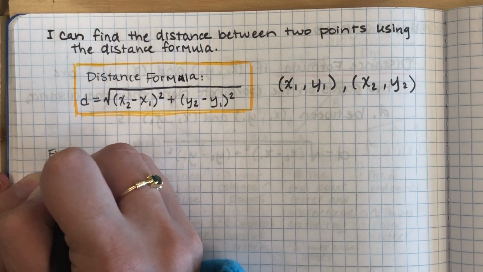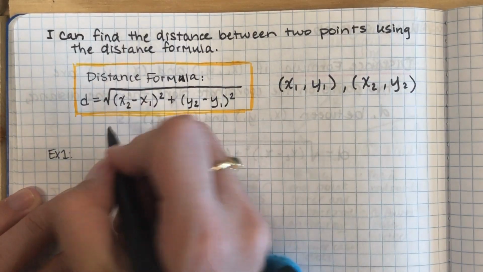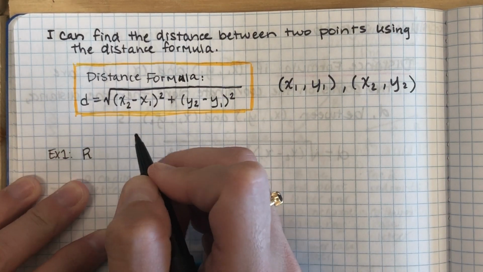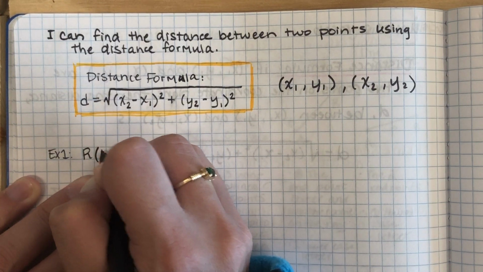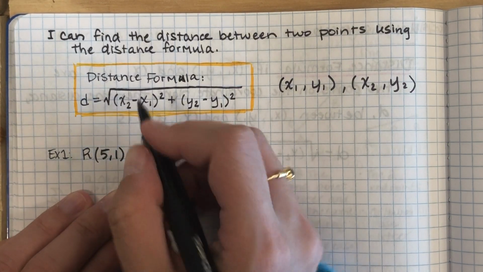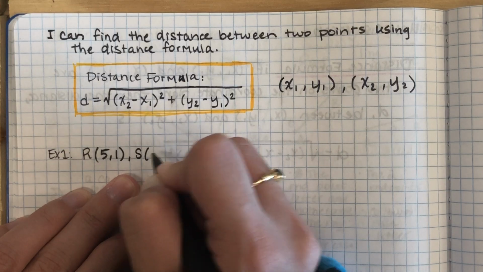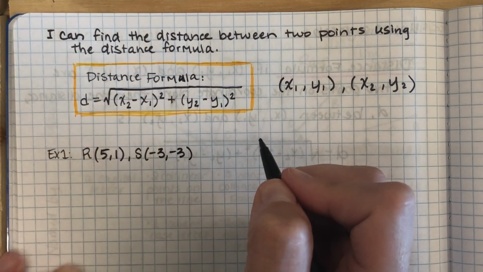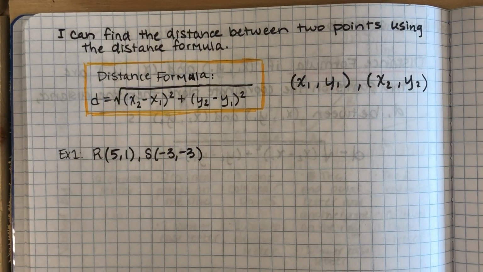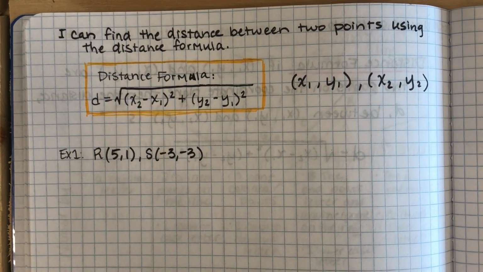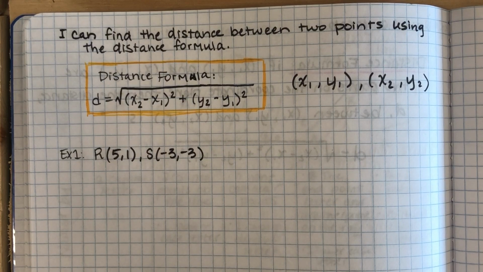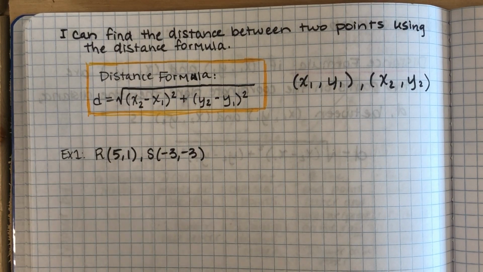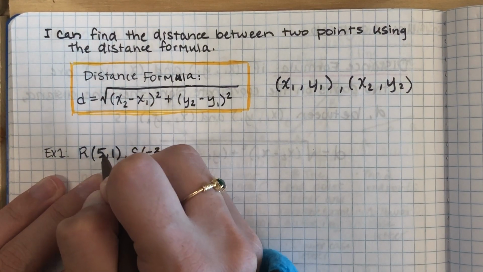So example 1. Maybe we have point R at 5, 1, and point S at -3, -3. Okay, so when we're looking right here, we're going to start labeling these with our x sub 1s, our y sub 1s, all that fun stuff.